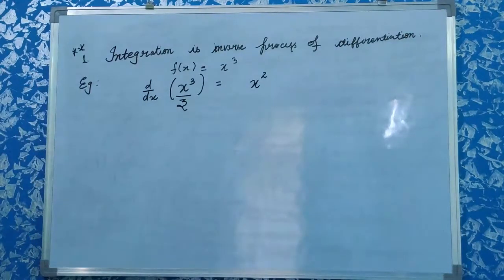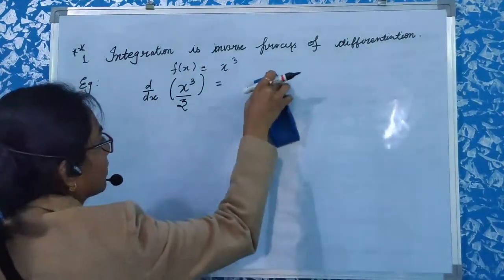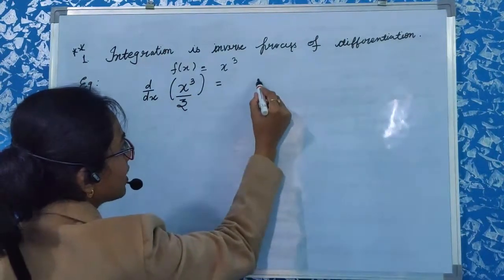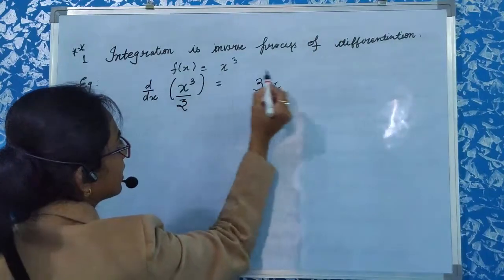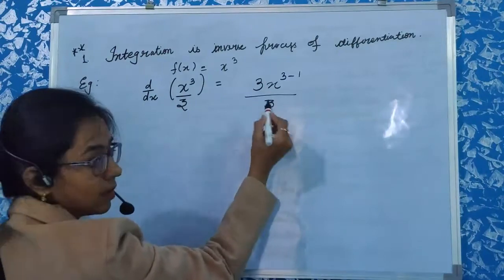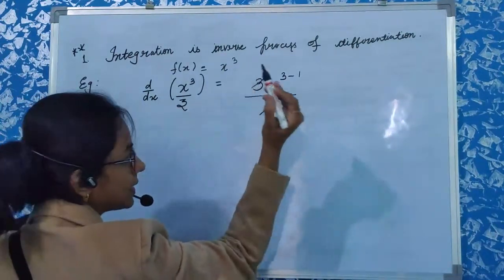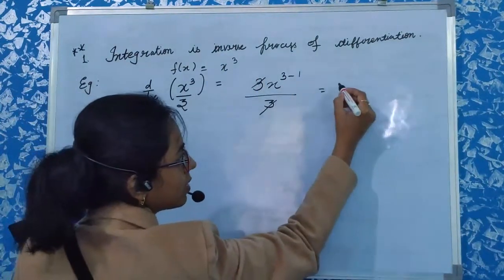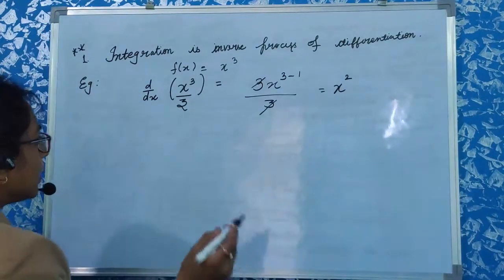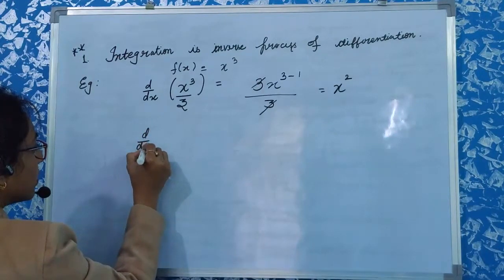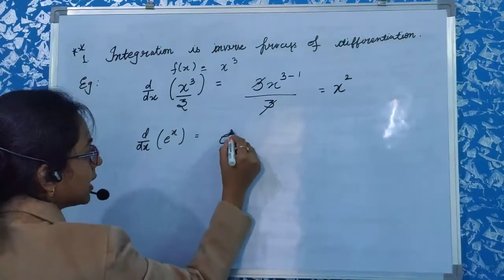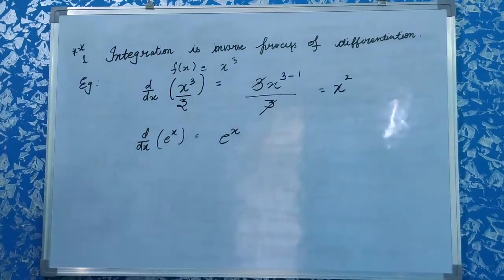Anyways, the 3 comes in front. 3x to the power 3 minus 1, and we have this 3 as well. This and this get cancelled, and 3 minus 1 is 2. So x to the power 2. Similarly, d by dx of e to the power x, the exponential function, remains the same.